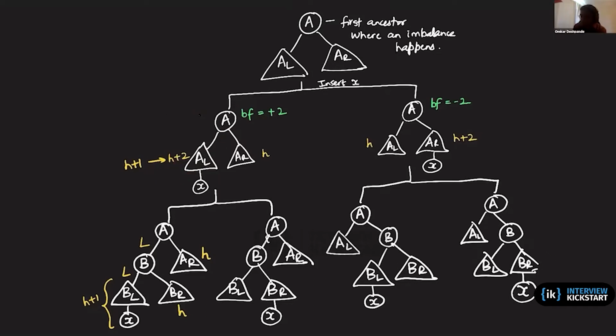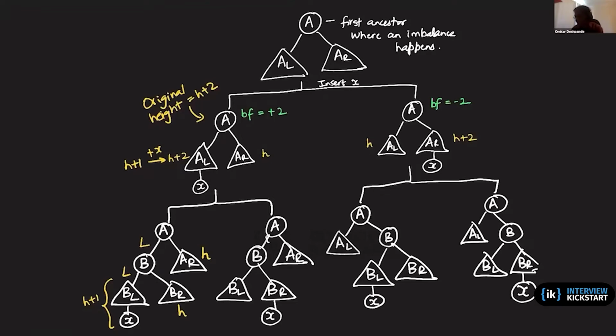Right. So the original height was H plus 2 after X was inserted. The left subtree became of height H plus 2.